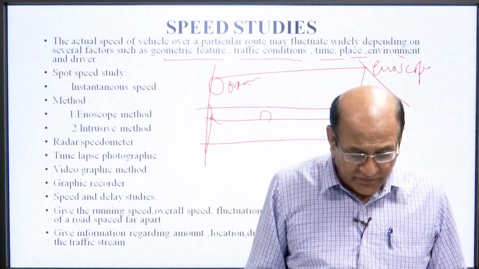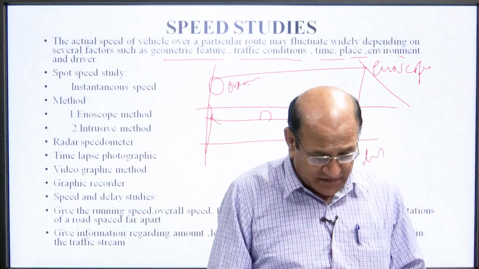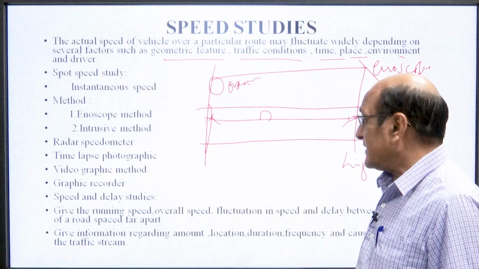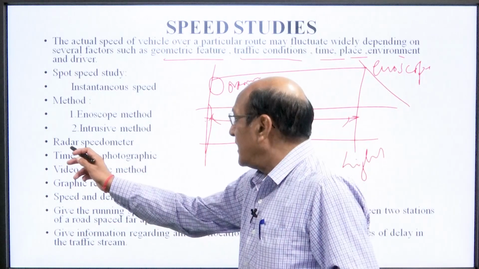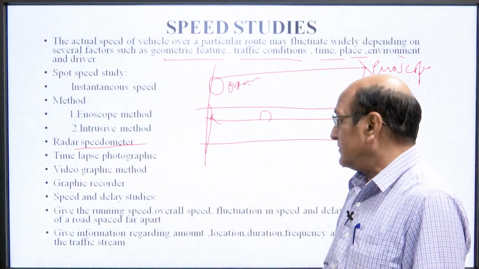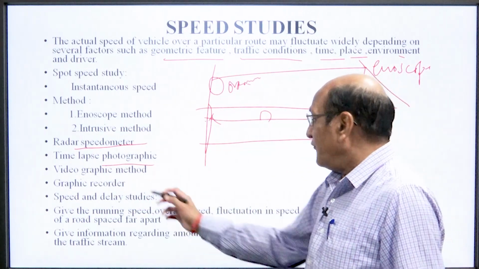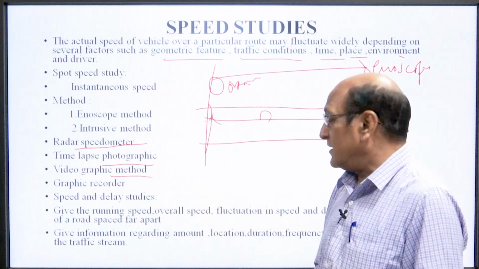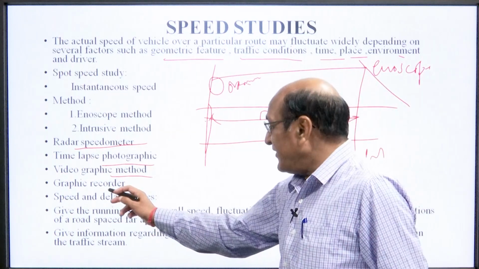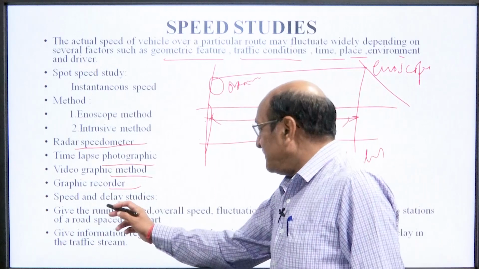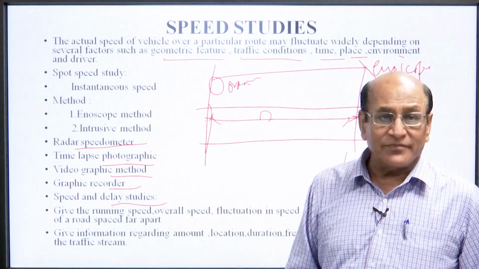Then the next is the intrusive method, and for intrusive methods there are many methods like radar speedometer, time-lapse photographic, videographic method, then graphic recorder, then speed and delay study.